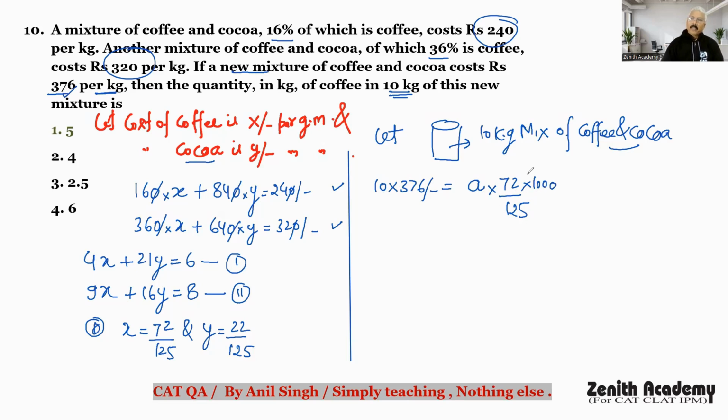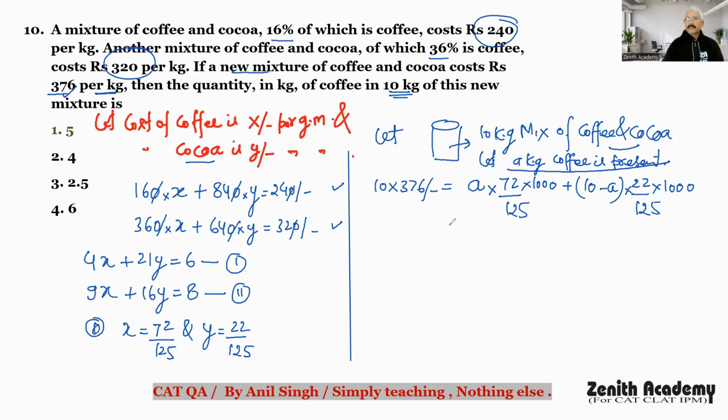So this is the value of the a kg coffee of this 10 kg mixture, plus the remaining 10 minus a kg is cocoa. Cost per gram is 22 upon 125 into 1000. Okay, this was per gram cost, so I converted it into kg. And here I let a kg of coffee be present in the 10 kg mixture. So the value of A will be your answer.